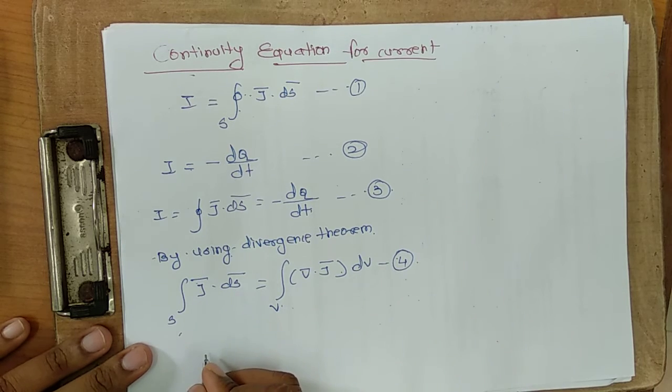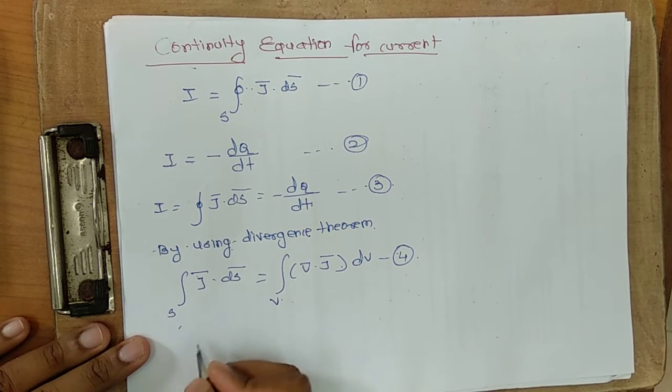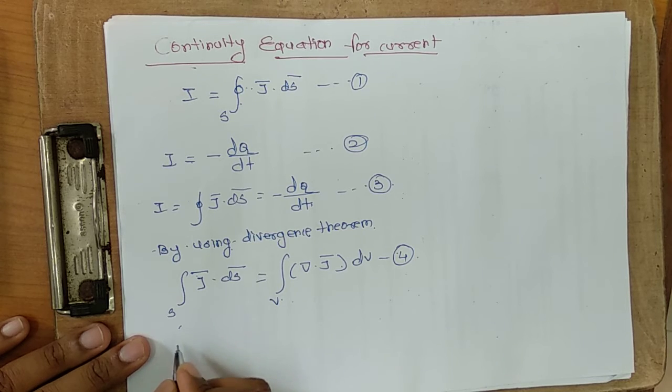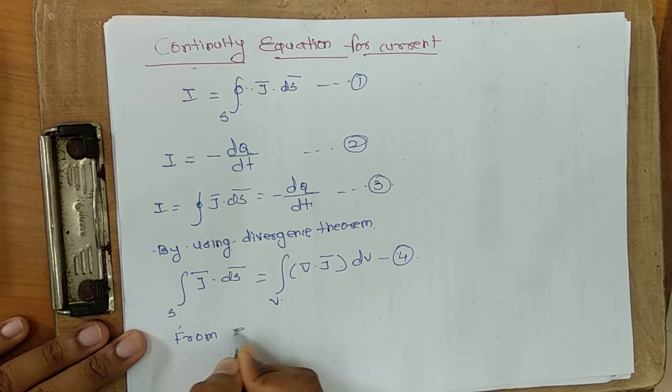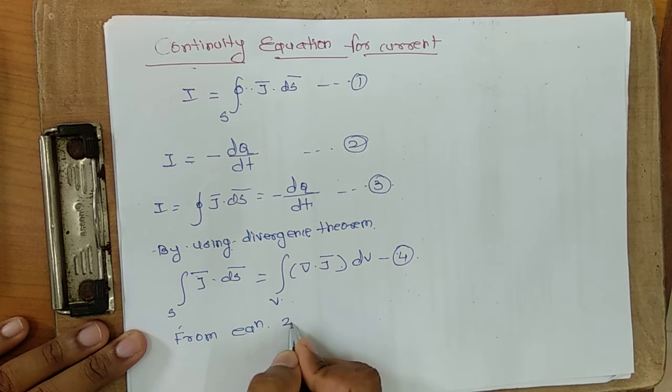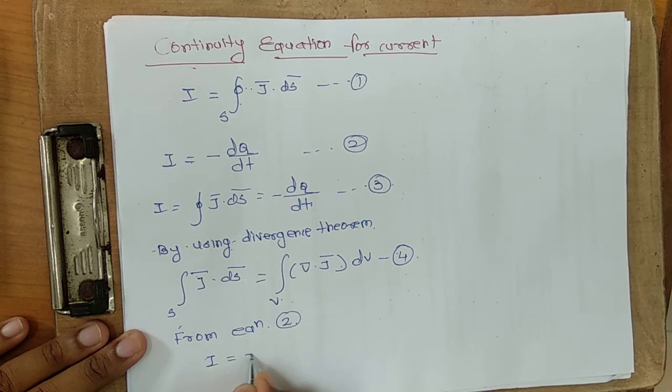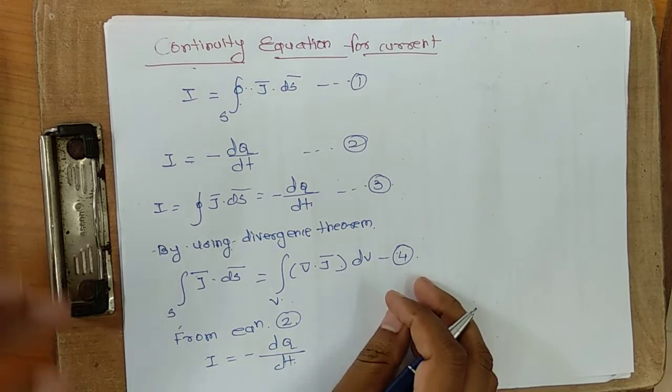Now use equation number 2, where I is equal to minus dq by dt. I will tell you why I am taking this.